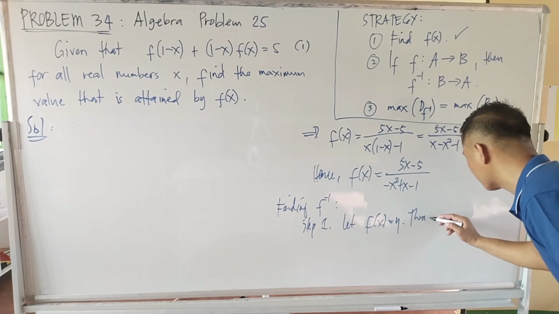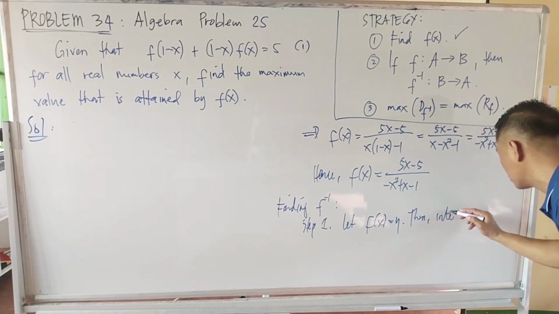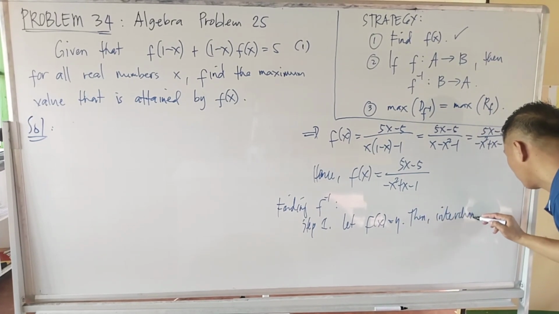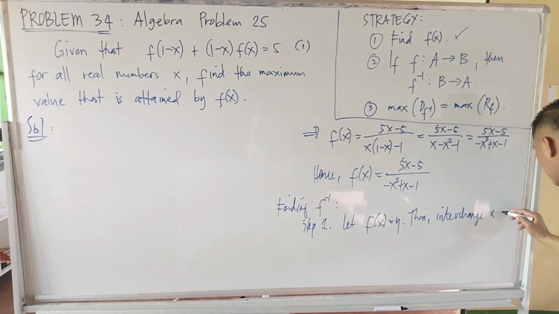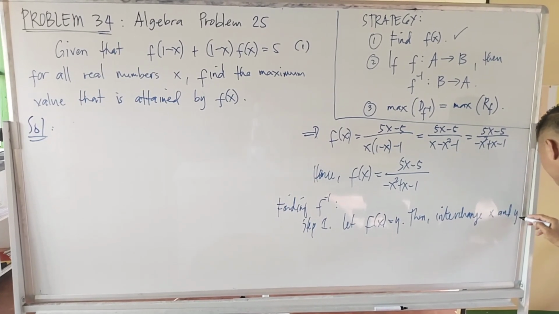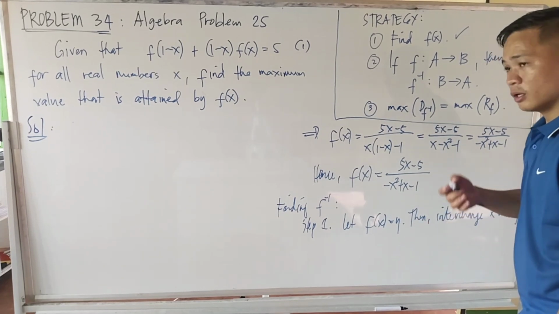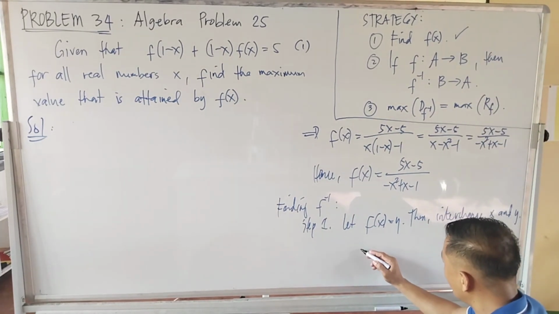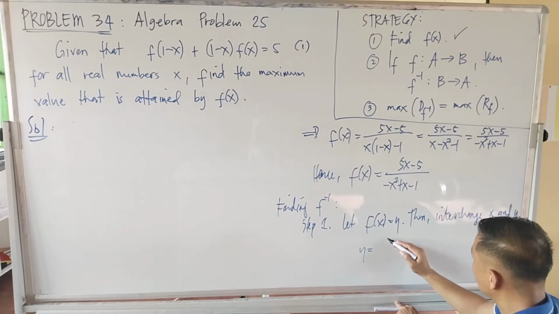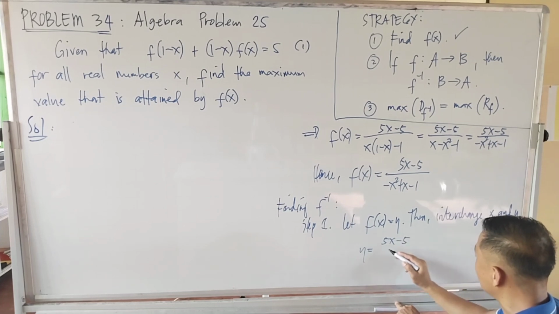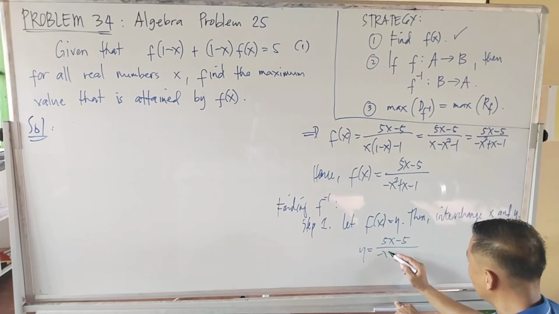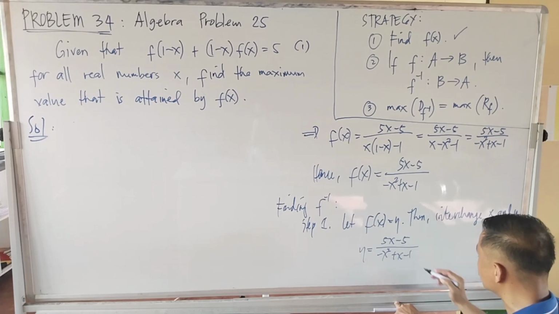Then interchange x and y. Okay, so now the function can be written as y is equal to 5x minus 5 over negative x squared plus x minus 1.